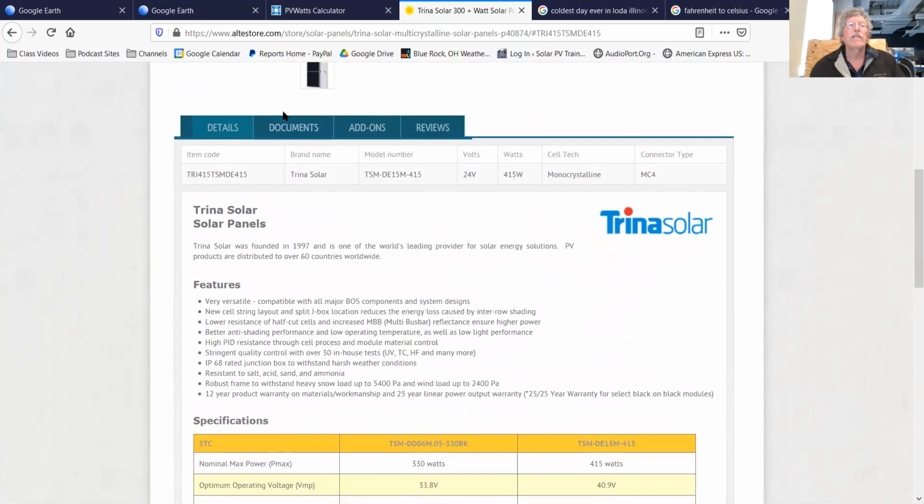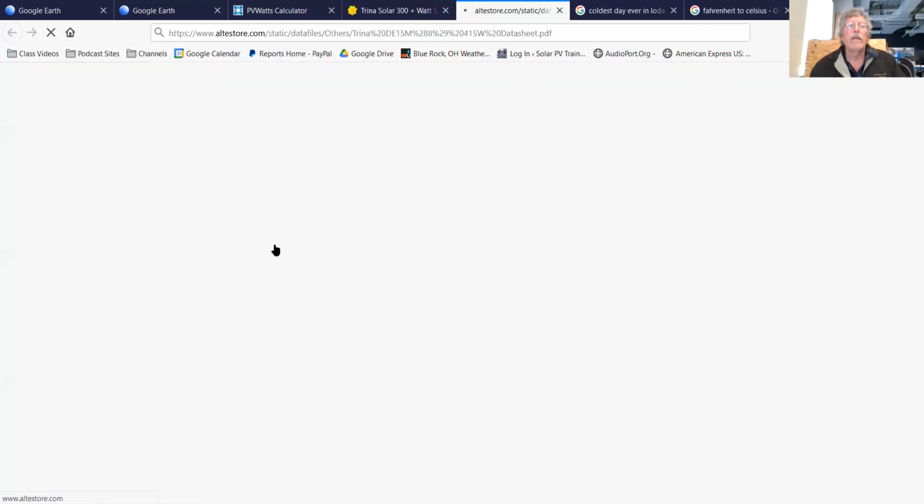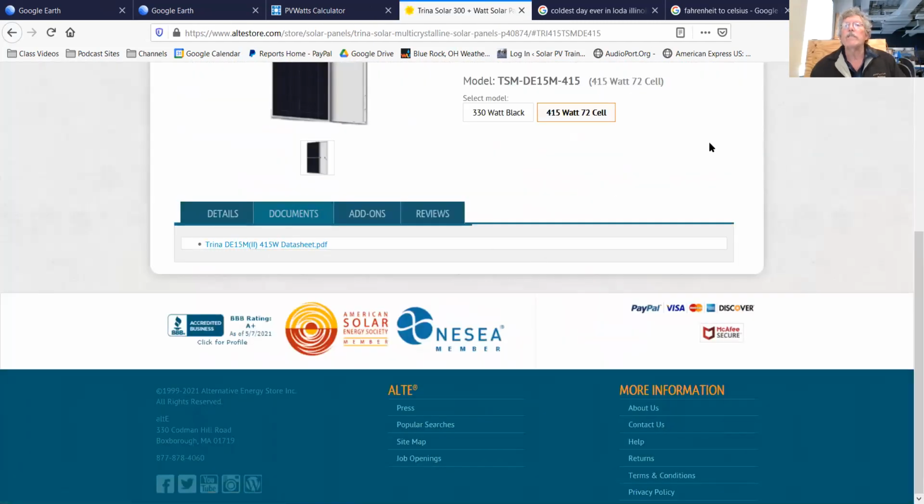But then I also need to know what the temperature coefficients are. And here it's going to do that under the data sheet. Hopefully this is going to show up. Not quite sure how the sharing here does, but if it doesn't show up, I can see it anyway. So I'll write those down.